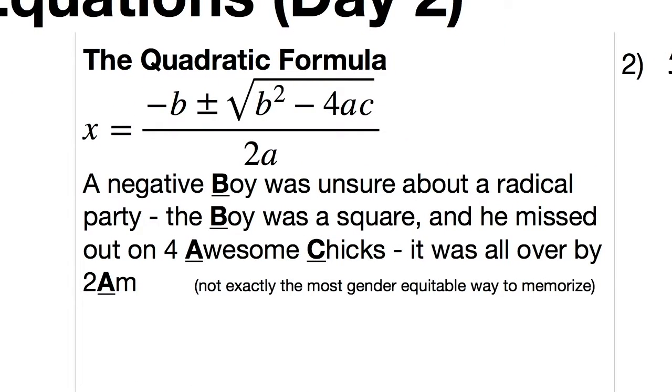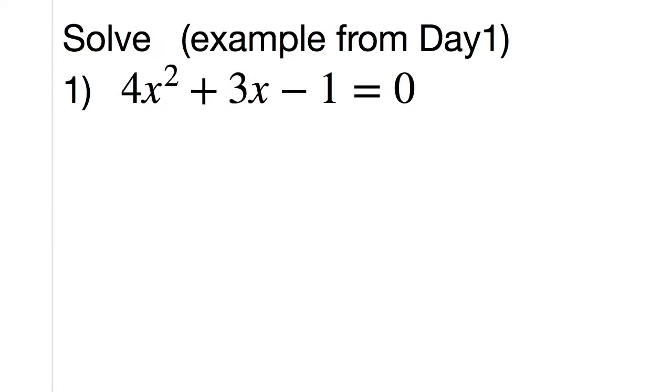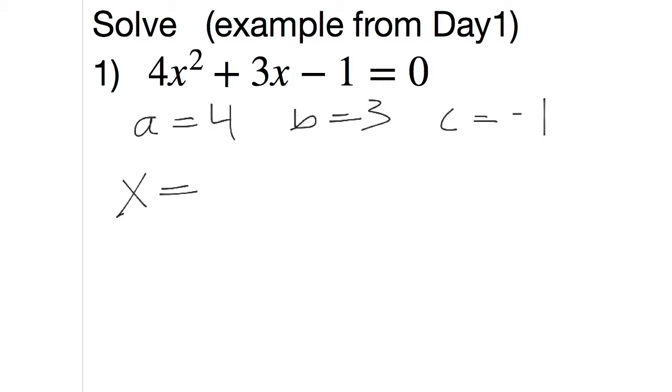Okay, so what this all means, and this is why everyone goes crazy over it, is that as long as you identify what the A value is, and the B value, and the C value, you can basically write what the answer is in one step.